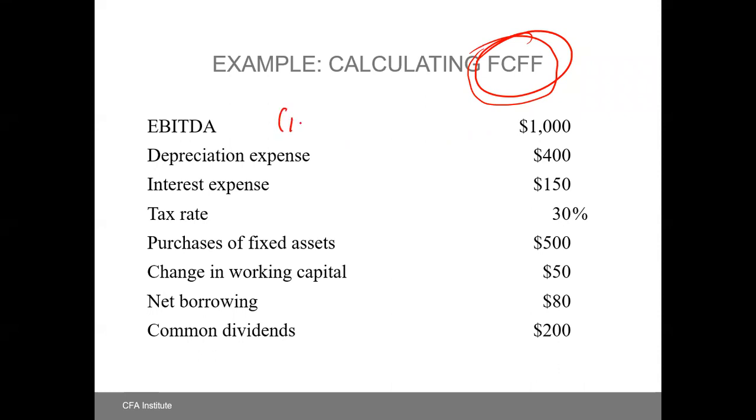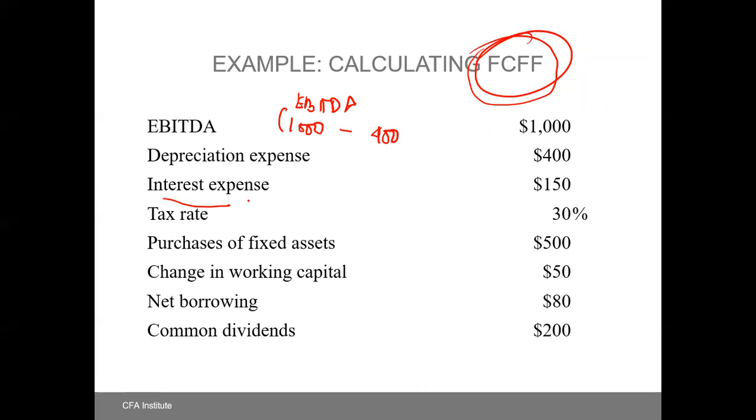So let's start with $1,000, which is EBITDA. Now from EBITDA, we are subtracting depreciation expense of 400. Do we have any amortization? We don't have. But we have the interest expense, right?